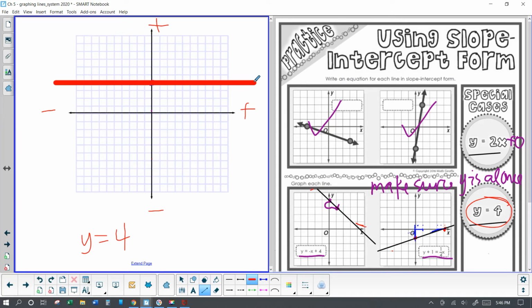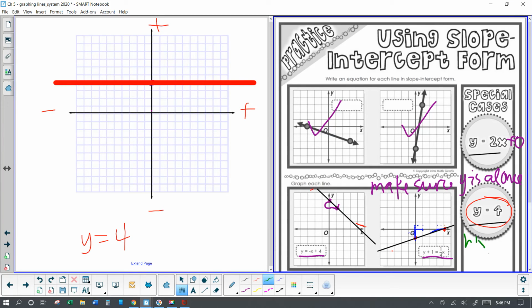So what I need to make in my notes here is a note that this is a horizontal line. Again, my computer is being really weird and not letting me write. This is a horizontal line.